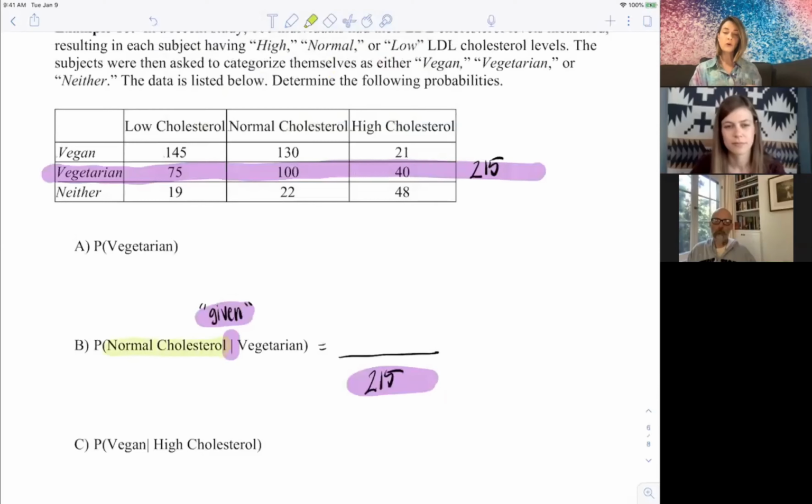Folks with normal cholesterol are down the center, and out of the vegetarians, there are 100 that have normal cholesterol. Does that make sense? Okay, and then that would reduce to what? I mean, my guess is like 47%. Very good, about 46.5%.